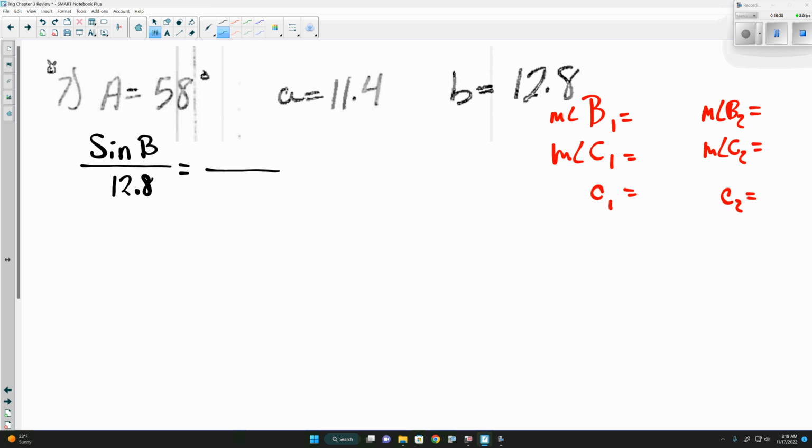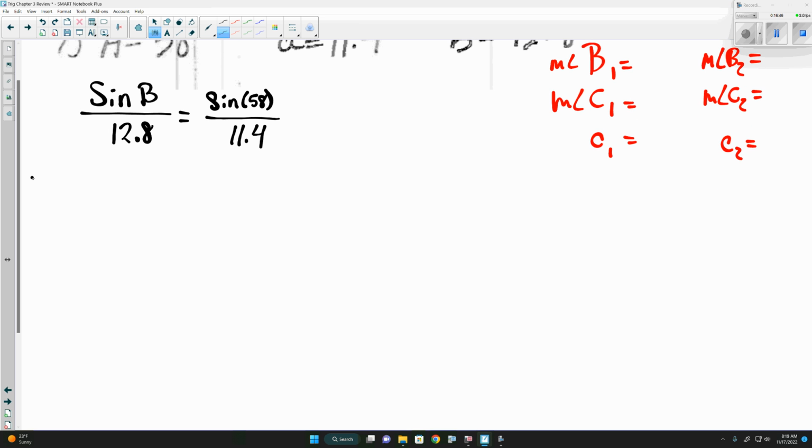Now this is going to be equal to sine of 58 degrees over 11.4. Luckily with finding the missing angles, we only have to find one, then we can find the other because they add together to be 180. The first step is to multiply both sides by 12.8.